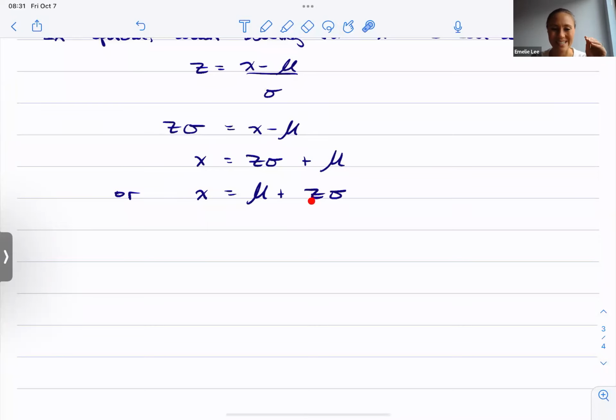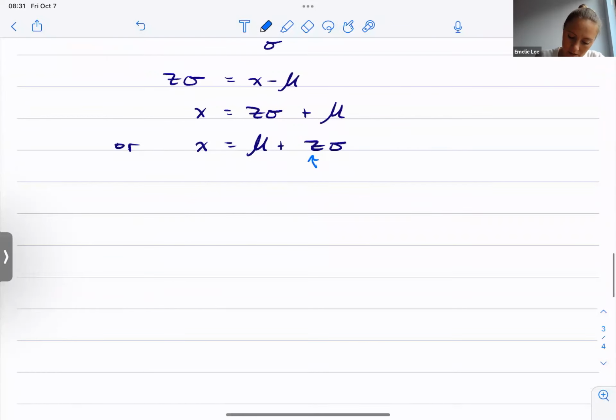Notice how important it is that z is either positive or negative. So you don't want to drop that if it's negative. It's important to keep the sign on z.